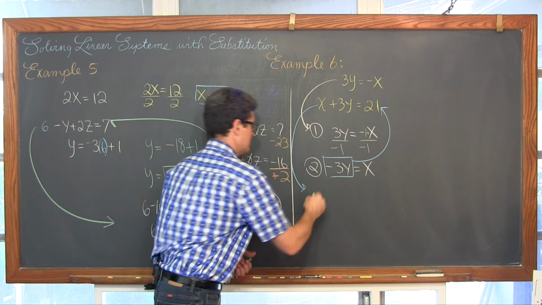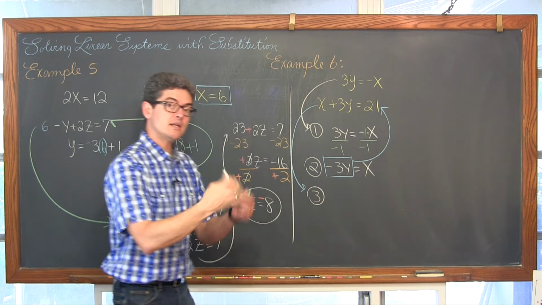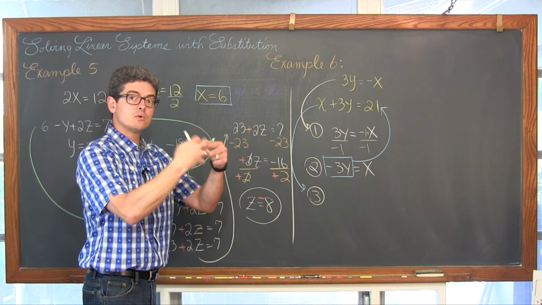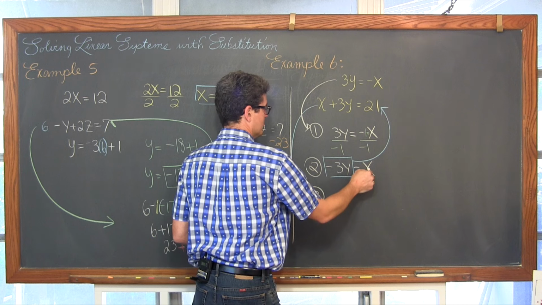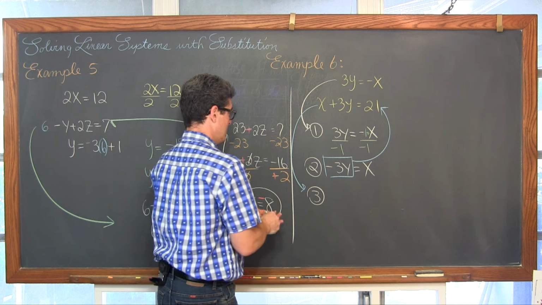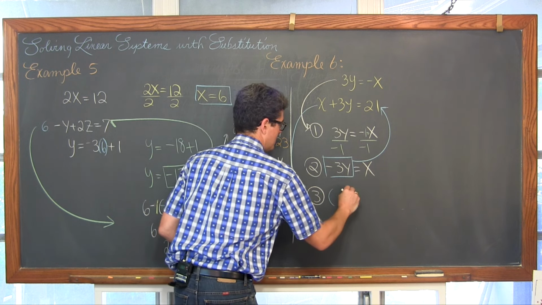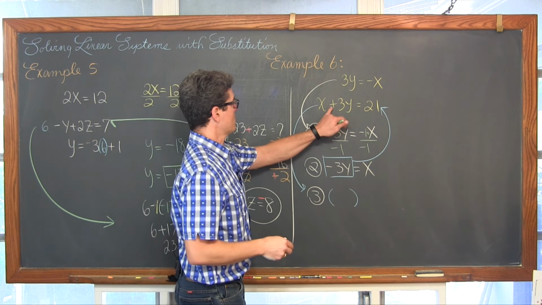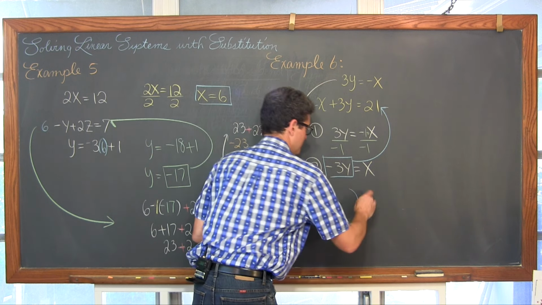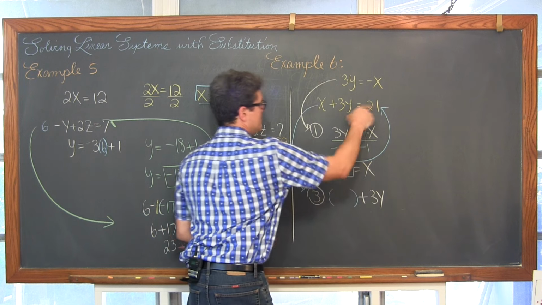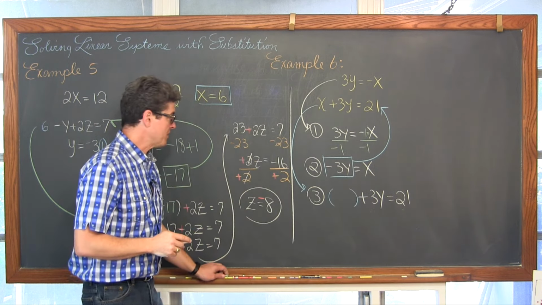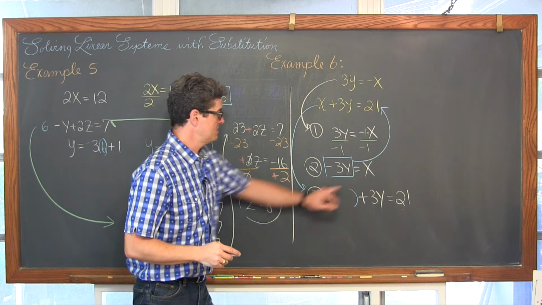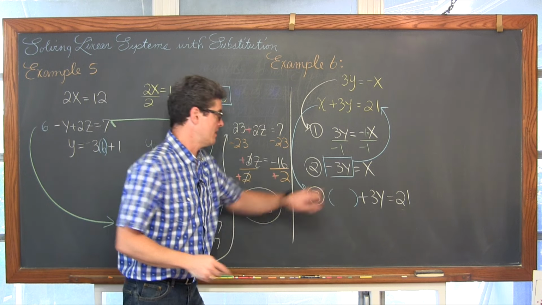In step 3, making that new equation with the combination of the two original ones, we have x, that's what we're plugging into, plus 3y is equal to 21. Now that x we're plugging in is equal to negative 3y.